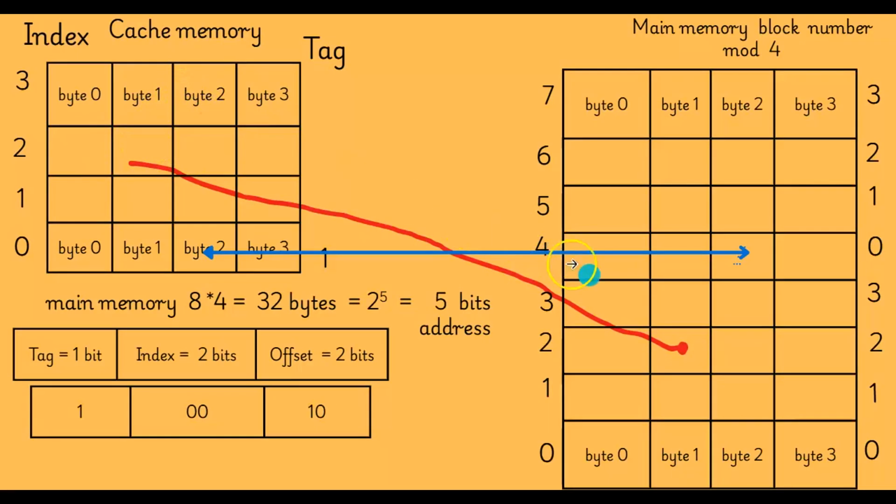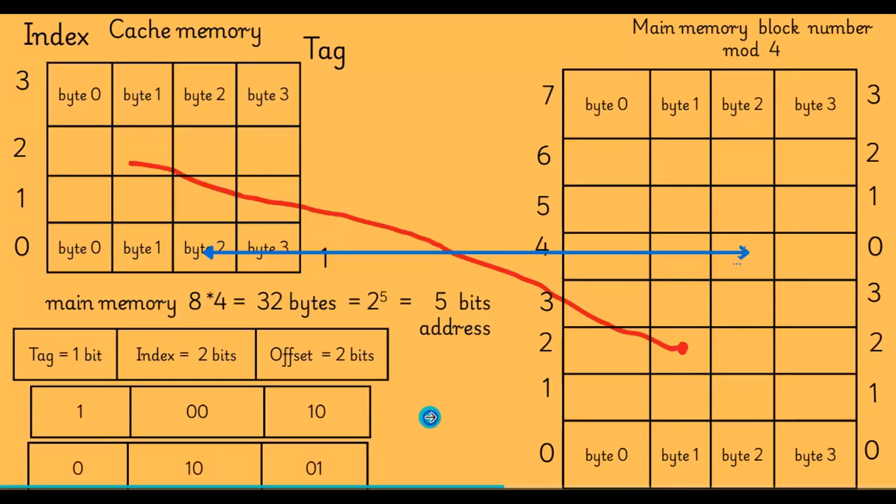Let us talk about this particular byte. What is this particular byte? That is 0, 1, 2, 3, 4, 5, 6, 7, 8, 9. So 9 is the address in main memory for this particular byte. Let us consider the 5-bit address for the value 9.